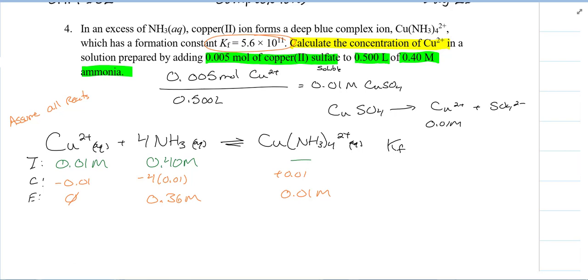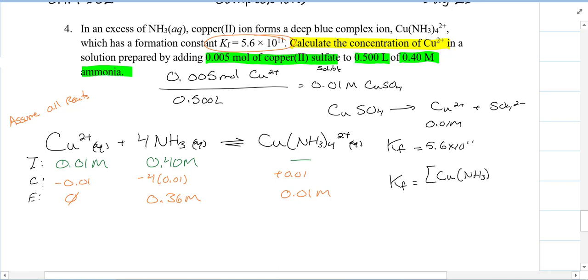Because Kf is 5.6 times 10 to the 11th. And the Kf expression would be the concentration of Cu(NH3)4 2+ over Cu2+ times NH3 to the 4th.